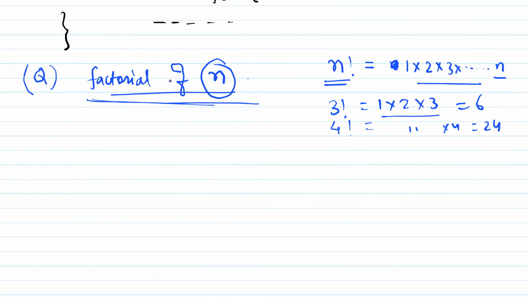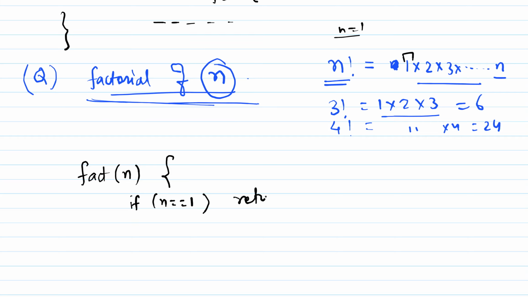So hopefully you might have written it correctly. So factorial of n will be, think of the base case. So when n equal to 1, what is the factorial? It's just 1. Return 1. Else return.